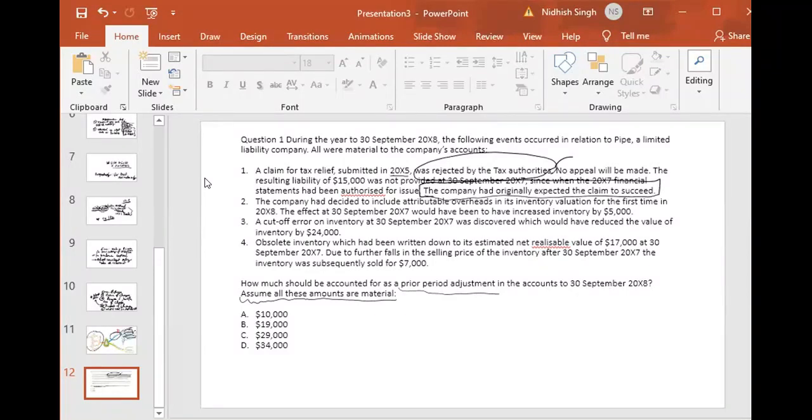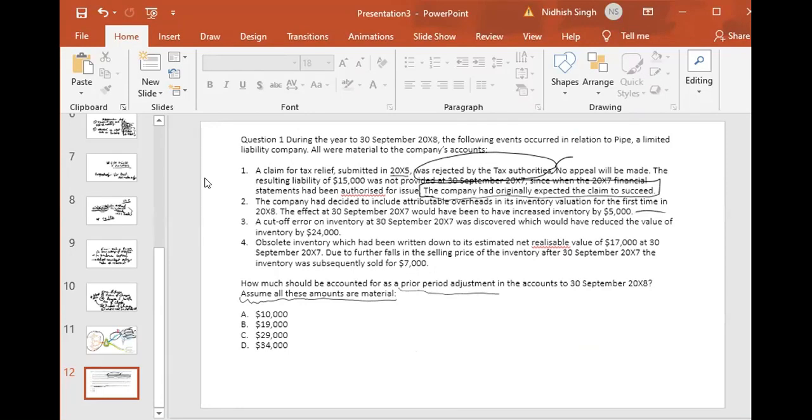The company decided to include attributable overheads in its inventory valuation for the first time in 2008. The effect at 30th September would have been to have increased inventory by 5,000.